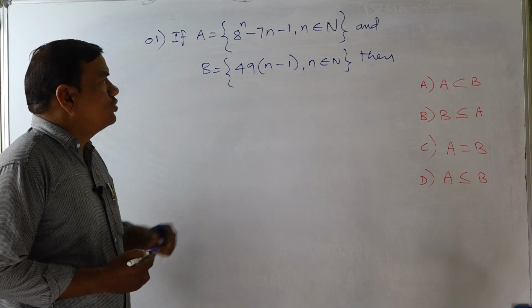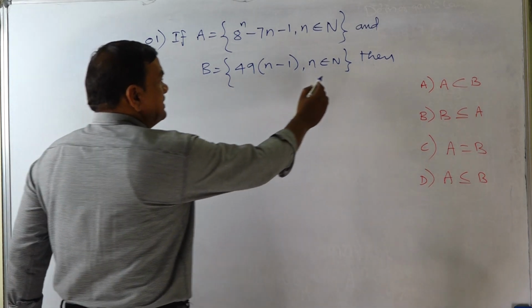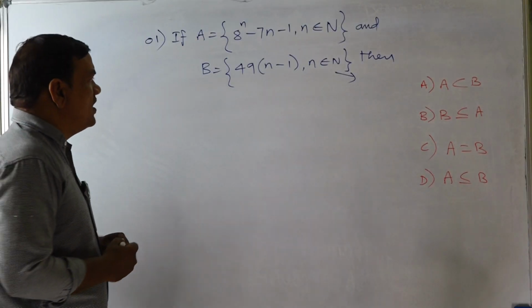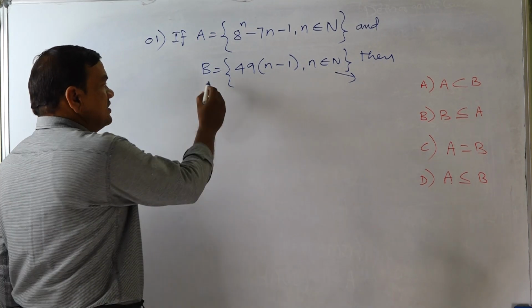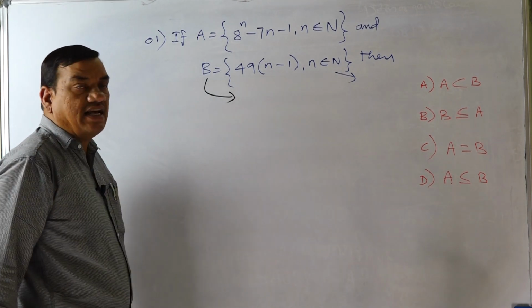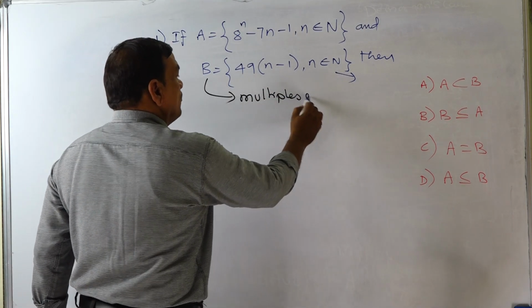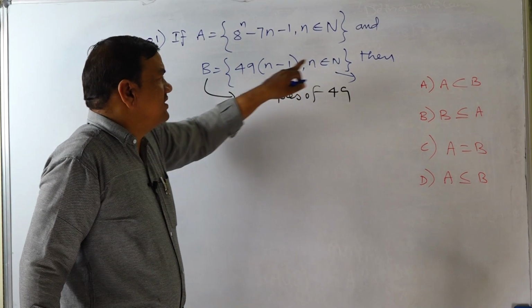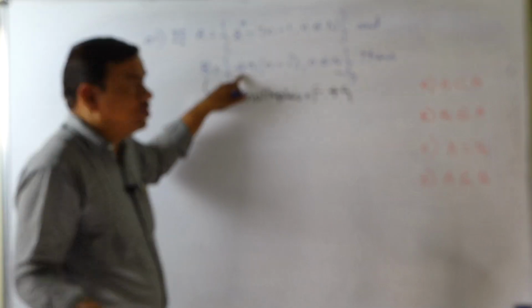Now, if you observe here, the second set, 49 times n minus 1, contains the elements which are multiples of 49 clearly. n belongs to N, means first you substitute n equal to 1: 1 minus 1 is 0, 49 into 0 is 0.